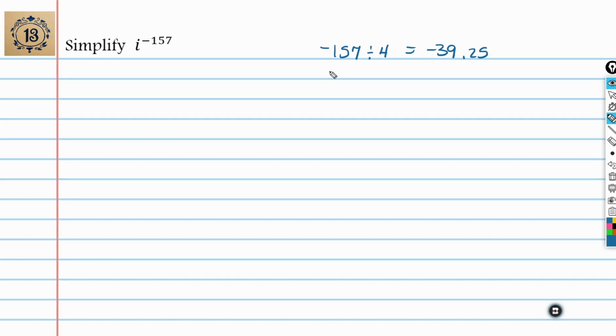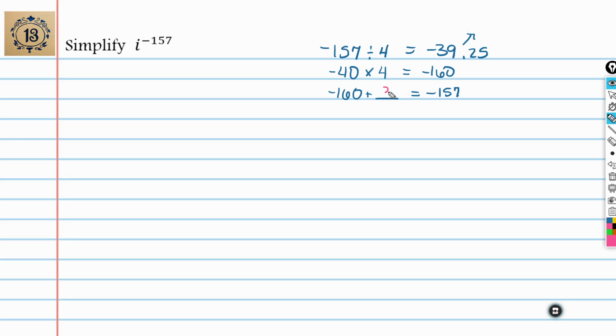And we round that up, we end up with negative 40. So that rounded up, even though it would not normally. And so we end up with times 4, and we have negative 160. Negative 160 plus what is equal to negative 157?